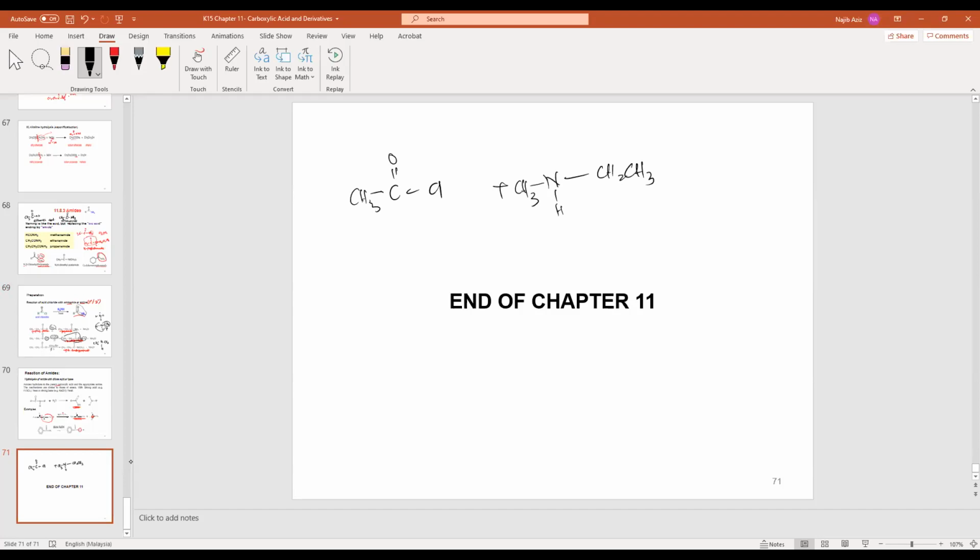When the acid chloride undergoes reaction with the amine, this is a secondary amine, so the product will be CH3, C double bond O, with Cl substituted by the nitrogen group. The nitrogen enters, the hydrogen leaves, and they combine to form HCl. Then N, CH3, and CH2, CH3.